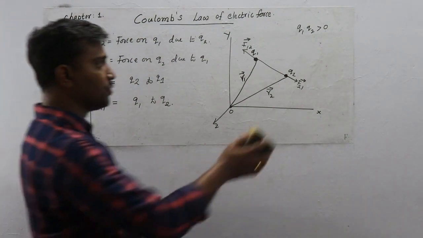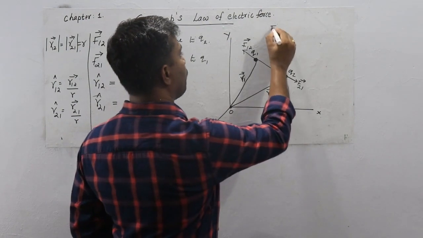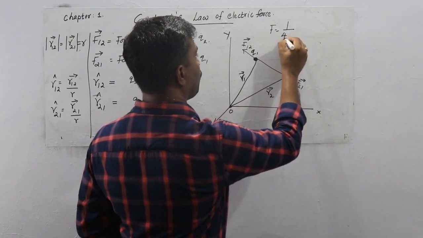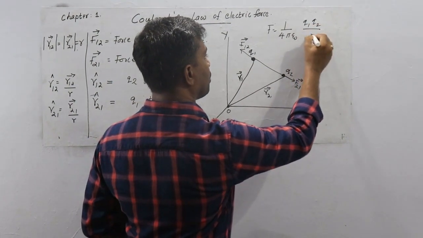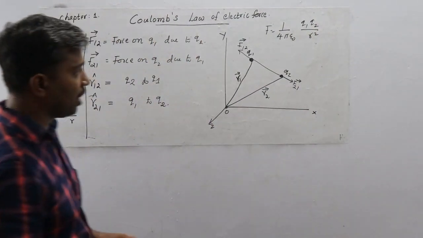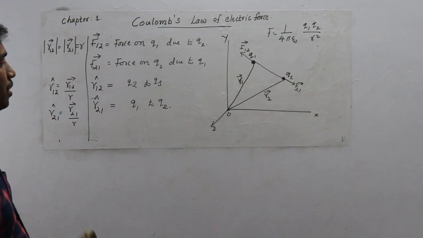In general, the force between two charges is given by F is equal to 1 by 4 pi epsilon 0 Q1 Q2 by R square. This is the general equation we use for finding the force between two charges.